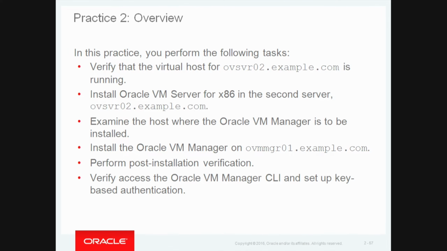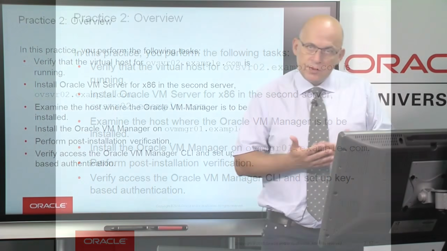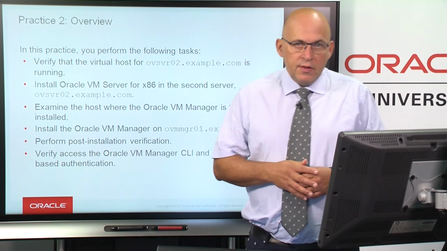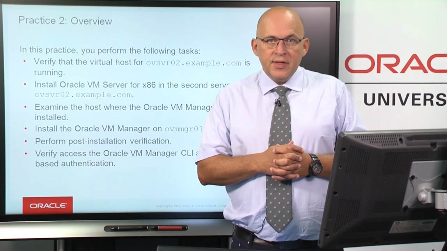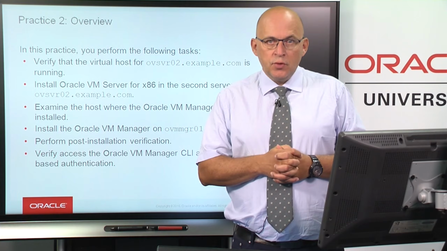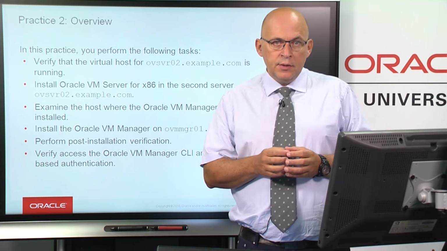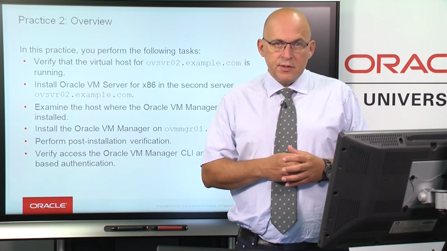How to manage the software, we will see in a more interactive way by running the labs. There is one dedicated server, OVS VR02, which will be used to install the software. Then we install the manager on the server called OVM MGR01, and we perform all these tasks using the CLI.